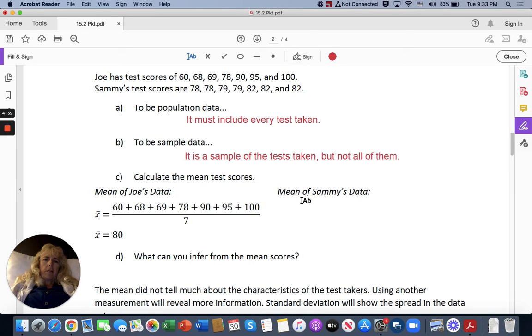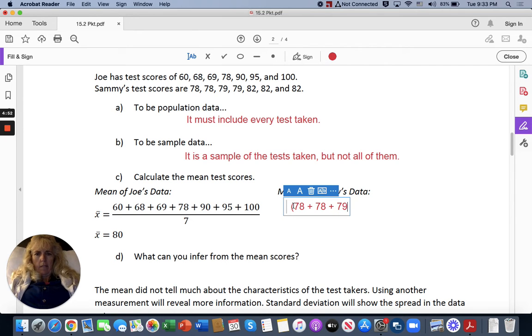Okay. The mean of Sam's test scores, we are going to add them all together, 78 plus 78 plus 79 plus 79 plus, let's see, we have 279, we have 382.